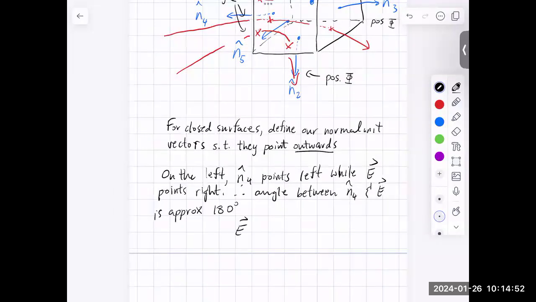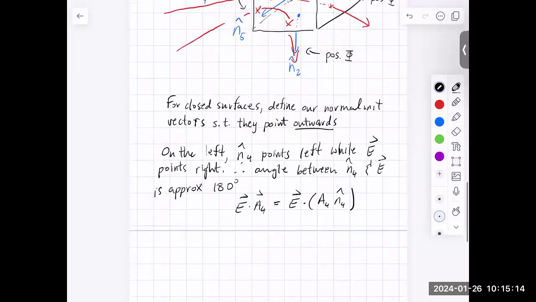And so when we evaluate this dot product between the electric field and the area vector for that left-hand surface of our cube, we end up with the electric field times the area times the cosine of approximately 180 degrees. And so this is going to be approximately -1, and we'll get a negative flux.